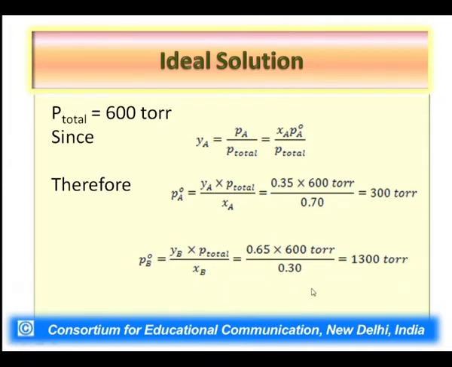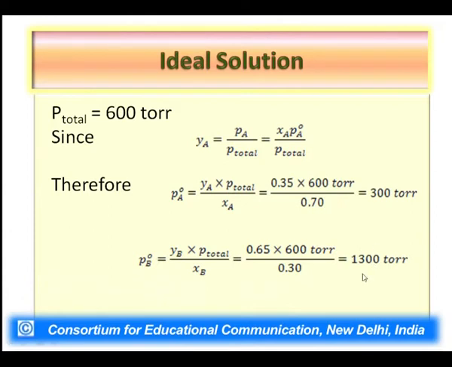XB is 1 minus XA, and since XA is 0.70, 1 minus 0.70 is 0.30, which is XB. Similarly, YB is equal to 1 minus YA. YA is 0.35, so 1 minus 0.35 equals 0.65, into again 600 torr, equal to 1300 torr.